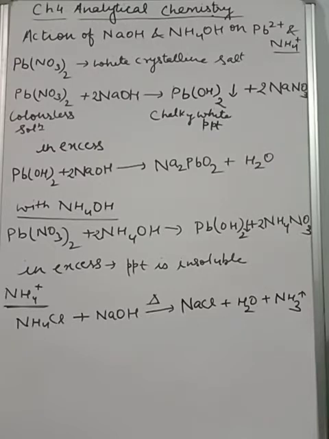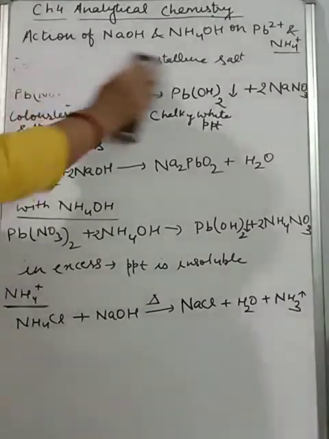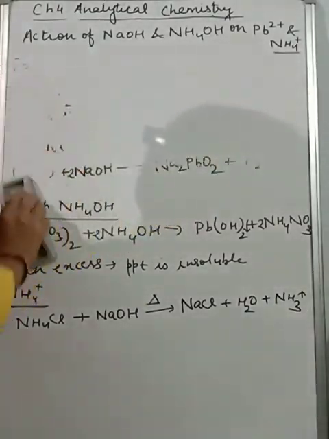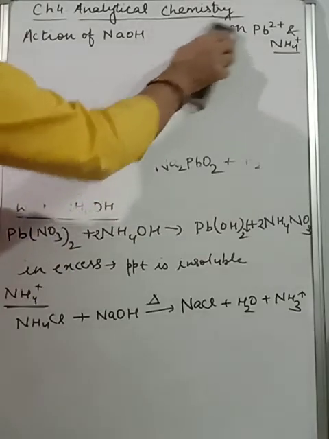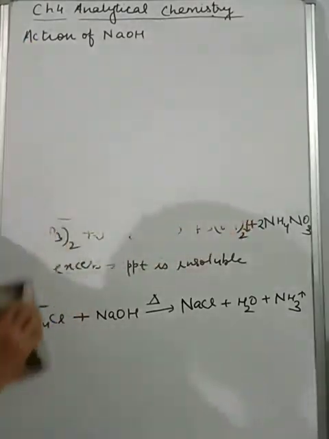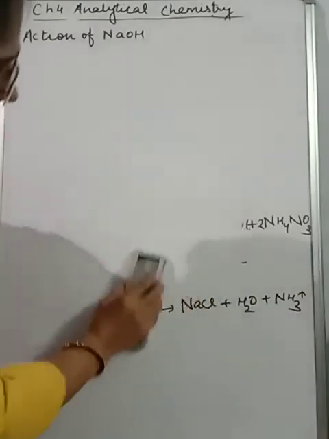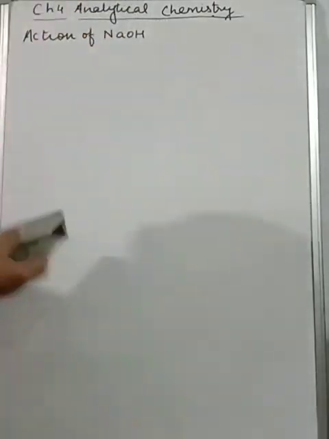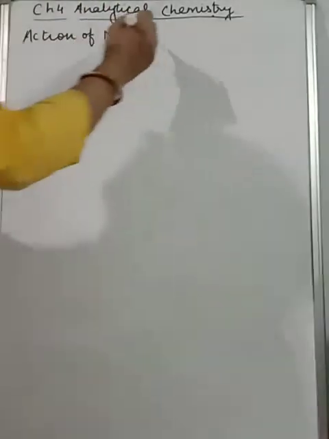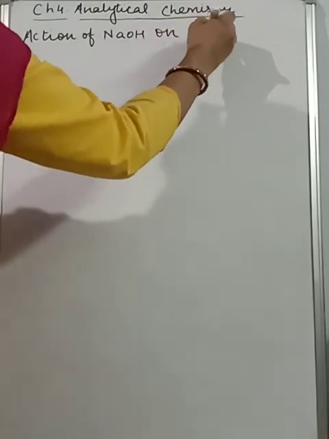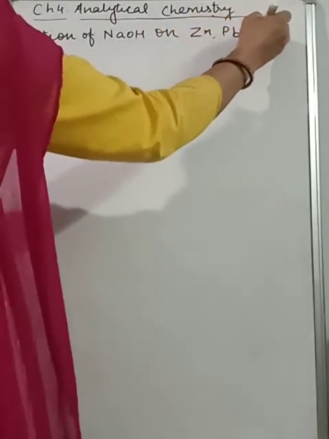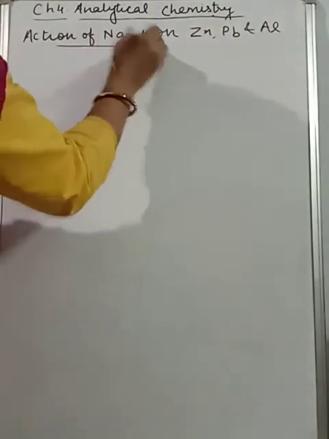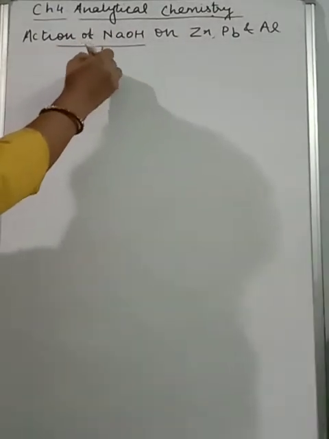Now students, we are going to do the action of NaOH on certain metals, and these metals are zinc, lead and aluminium. Here we are using only strong alkali.